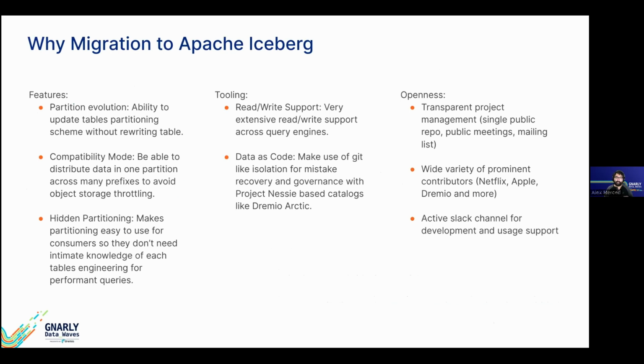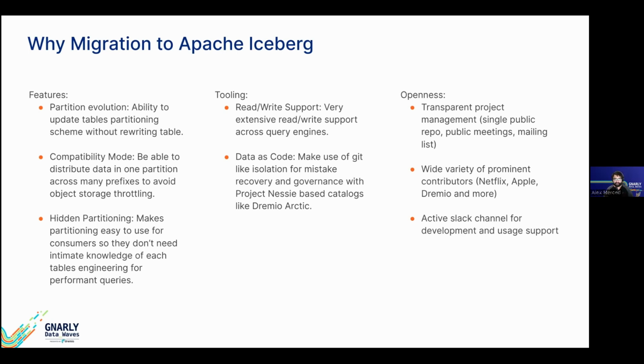Since Apache Iceberg isn't hung up on whether the files are in a particular directory, it can change the way it allocates the files for a particular table any way it wants, allowing it to use more efficient structures for different types of storage. This is particularly important with S3 object storage, where if you have too many files under the same directory or same prefix, you could end up throttling.